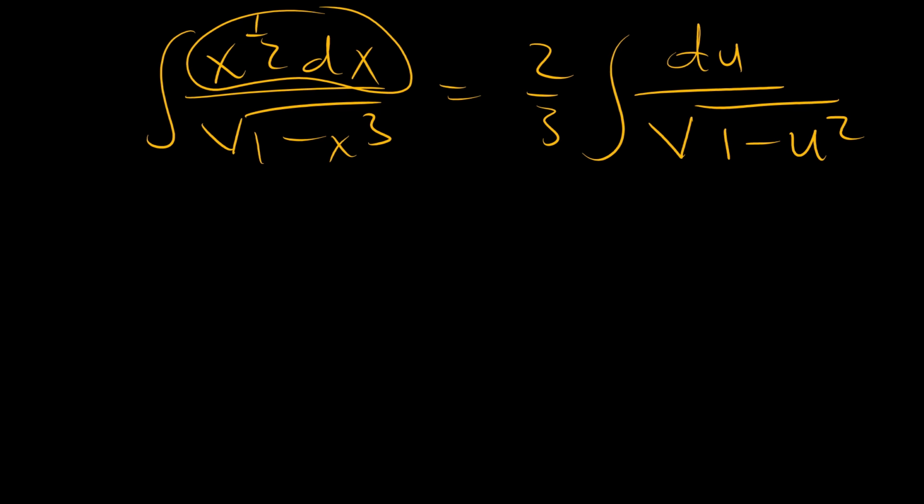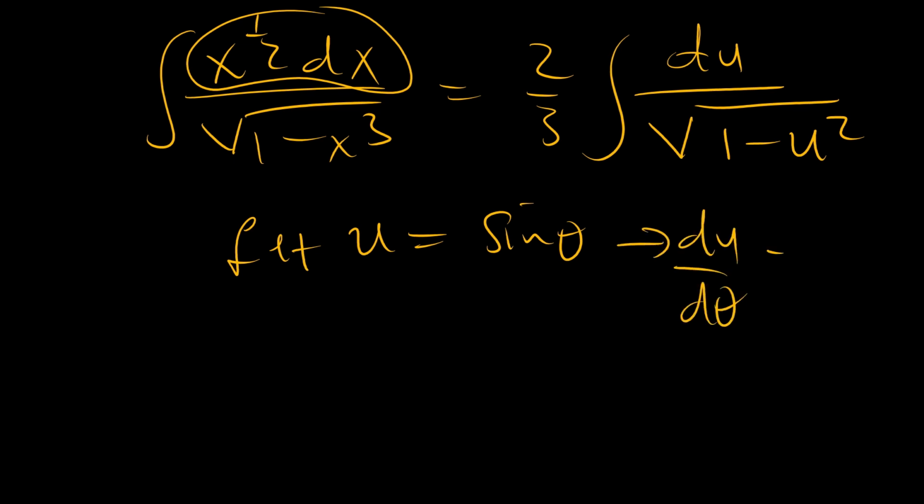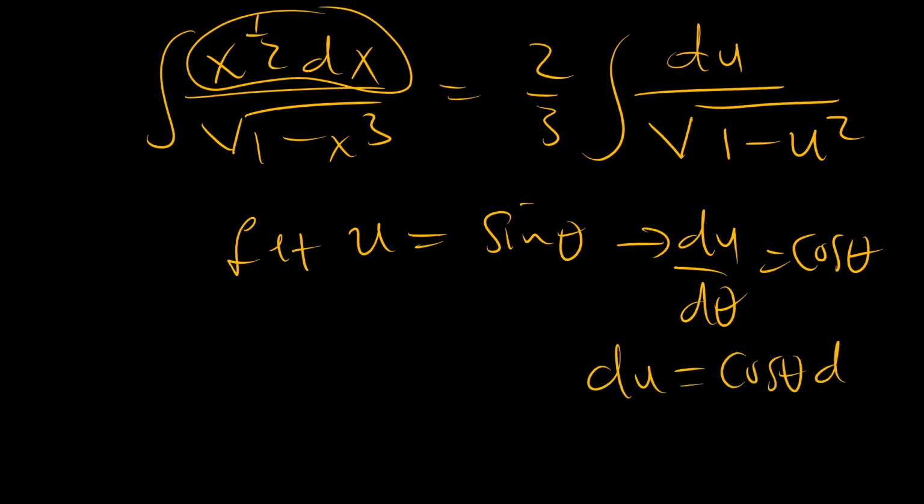And this is a very easy integral to solve, but one would want to use the substitution u equals sine theta, such that du/d theta is equal to cos theta, and therefore du is equal to cos theta d theta.